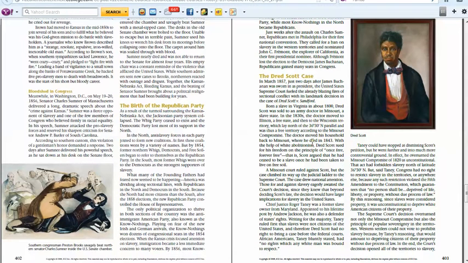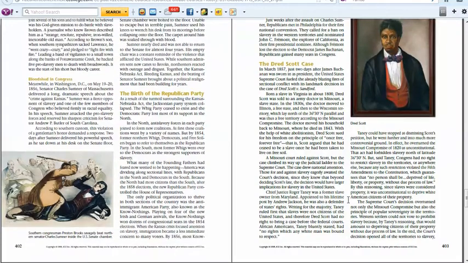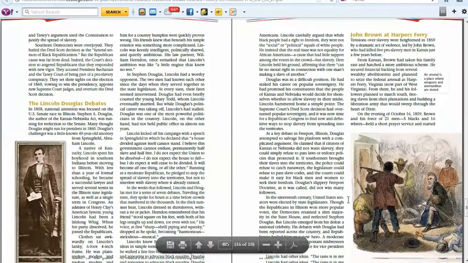But the Dred Scott case said more than just that a slave could be brought into a free territory and still not regain their freedom. It stated in no uncertain terms that slaves were property and had absolutely no governmental rights. They had no civil rights under the Constitution, and that was a decision made by the Supreme Court.